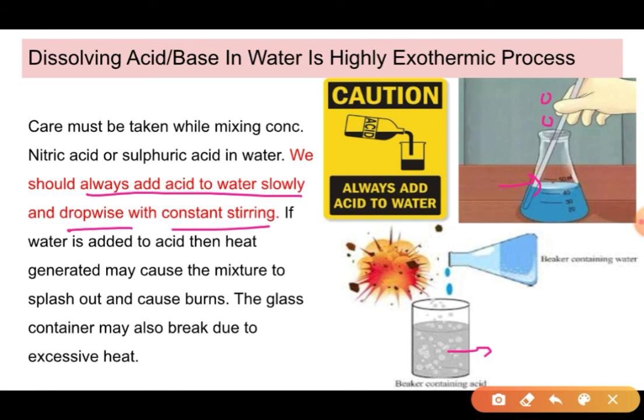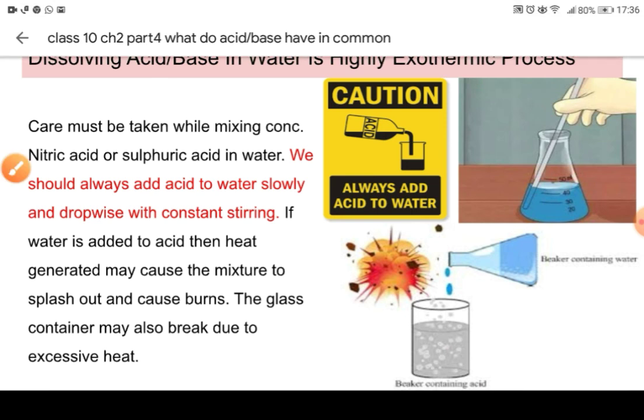That is why it can give a burn, or it can splash out and burn us. That is why it is very important that we always add acid to water, or base to water, not water directly to the acid or base, because these reactions are highly exothermic.